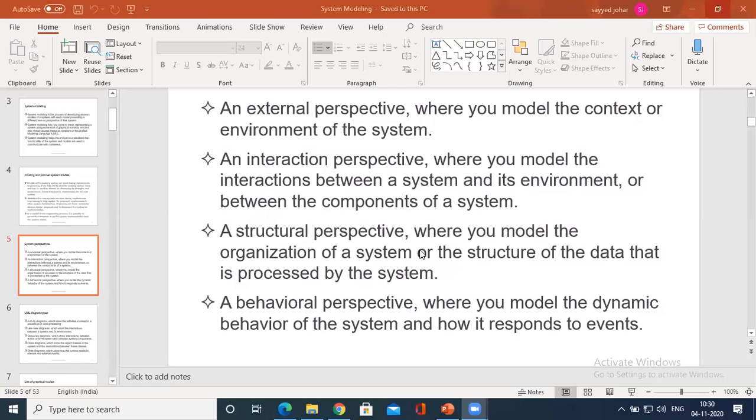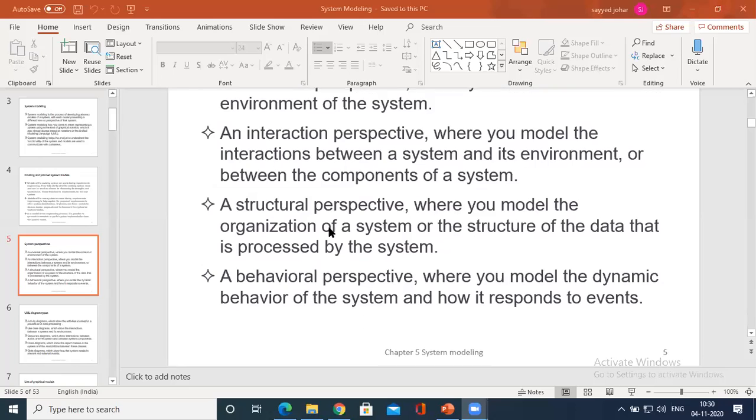That can be studied only with respect to an example. We have 3 test cases that we studied in module 1. I remember one is the insulin pump, is it or not? Similarly, we have 2 more test cases that you have studied. With respect to those, you can study all these perspectives: external, interaction, structural and behavior.